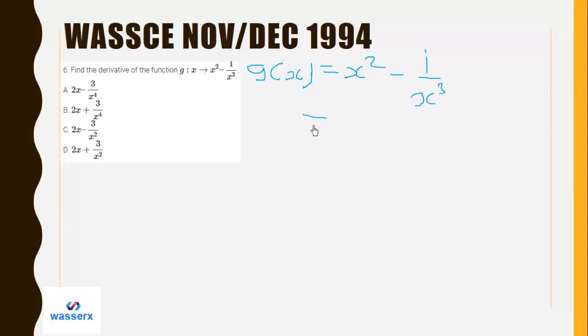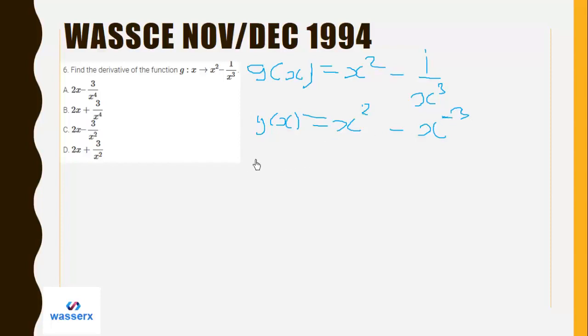So we can rewrite this like this. So g of x is equal to x squared minus x to the power negative 3. So we use the laws of indices to write this as x to a given power.